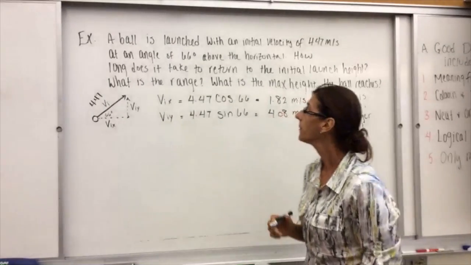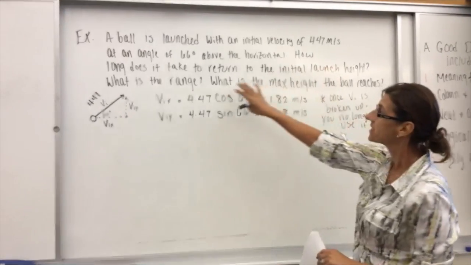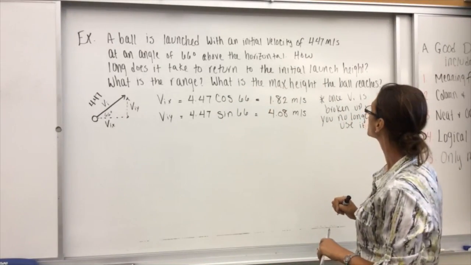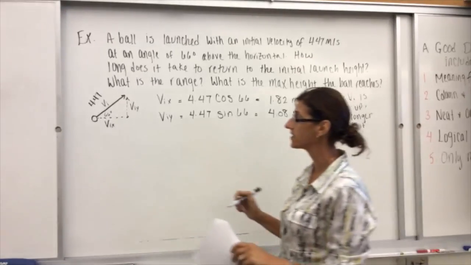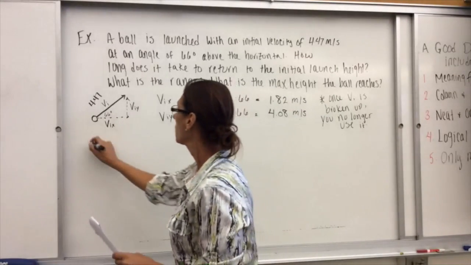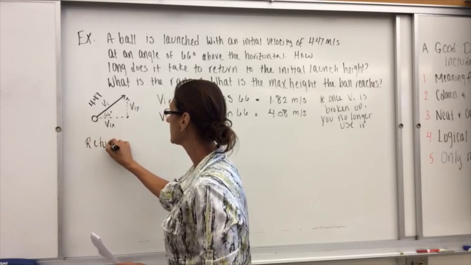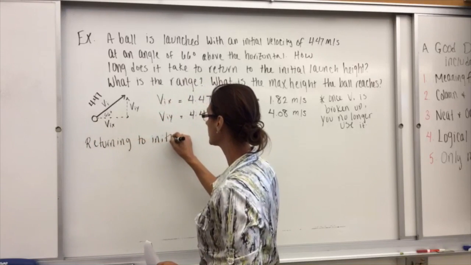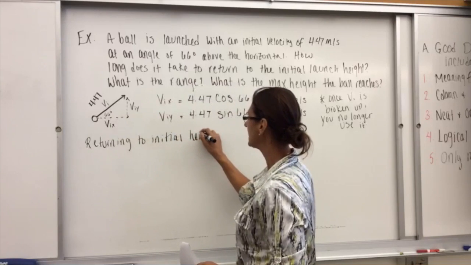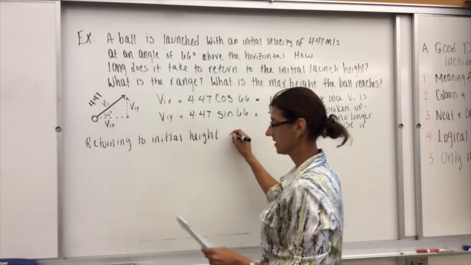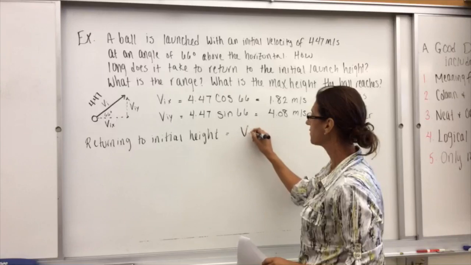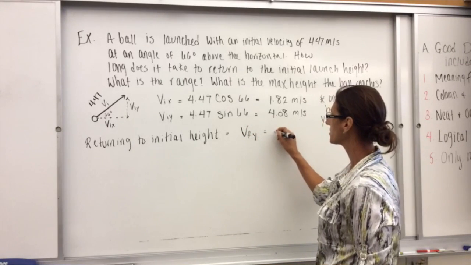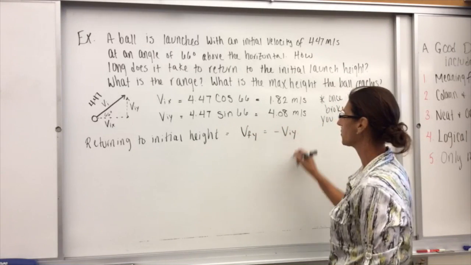Okay, now the first question, how long does it take to return to the initial launch height? Here's what we know. Returning to initial height means that v final y is equal to the negative of v initial y.